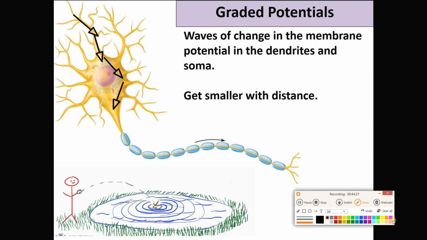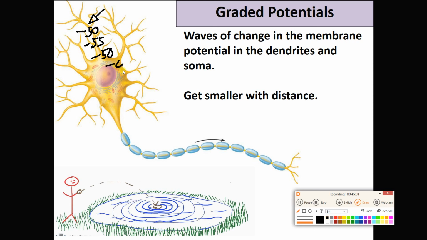So what that means is, let's say we depolarize this spot right here. So a neurotransmitter binds right here, and we depolarize that spot from negative 70 to negative 50. That's a depolarization, right? Which is then going to depolarize the next spot, but it might only depolarize it to negative 55, which then depolarizes the next spot to negative 50.